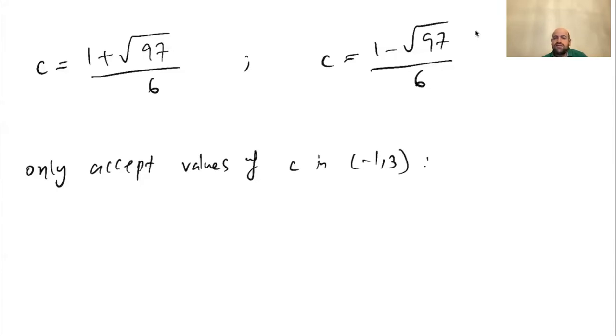So root 97 is 9 point something, plus 1 is 10 point something, divided by 6 is less than 2.